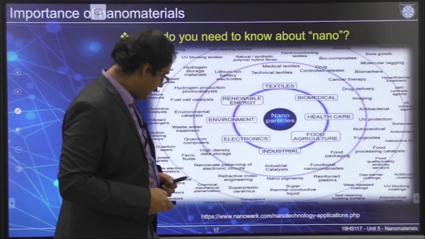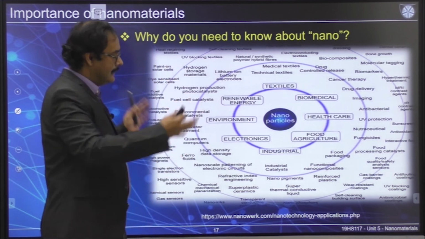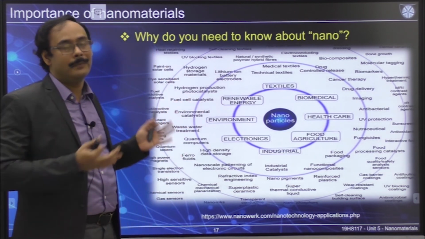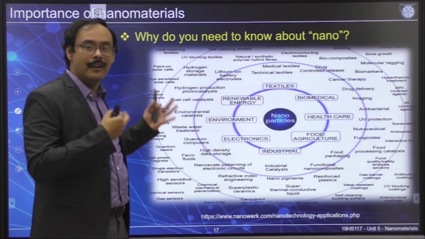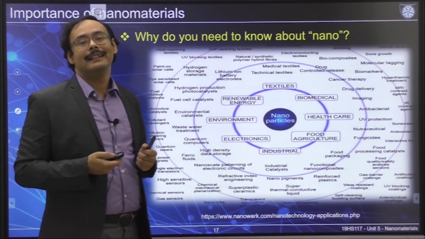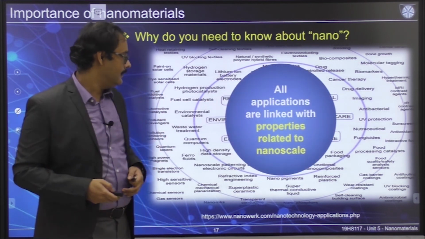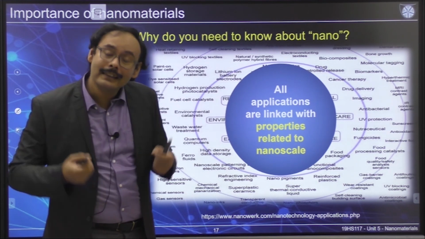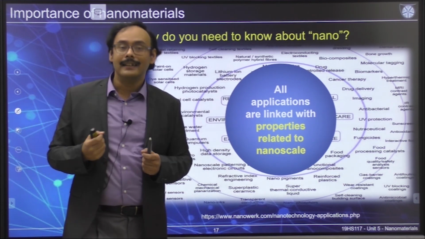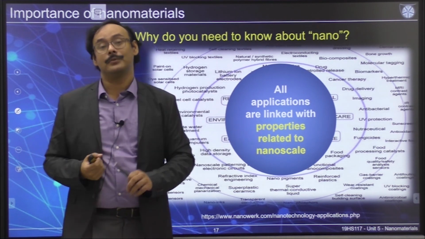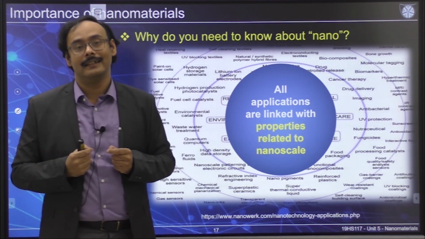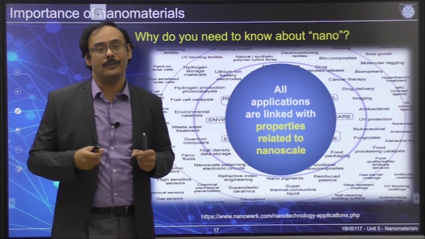To conclude, this is pretty much what sums up the importance of nanomaterial. It's everywhere. You cannot live without nanomaterial. All the applications are related to properties which are related to the nanoscale, and that's something we really need to know.